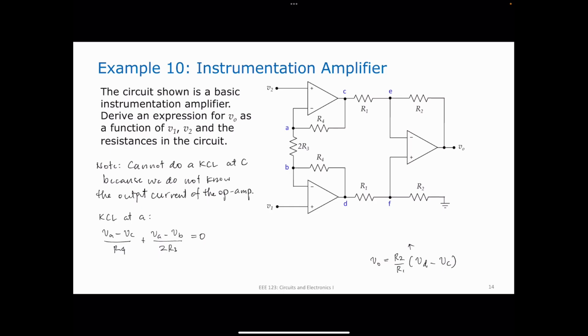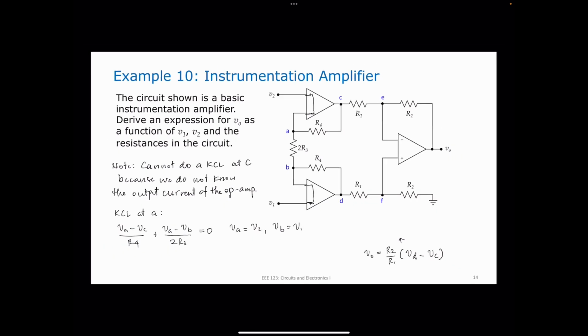Okay, but note, because this is an ideal op-amp, VA is equal to V2. Remember, you have a virtual short here. Virtual short here. You also have a virtual short here. So VA is equal to V2 and VB is equal to V1.